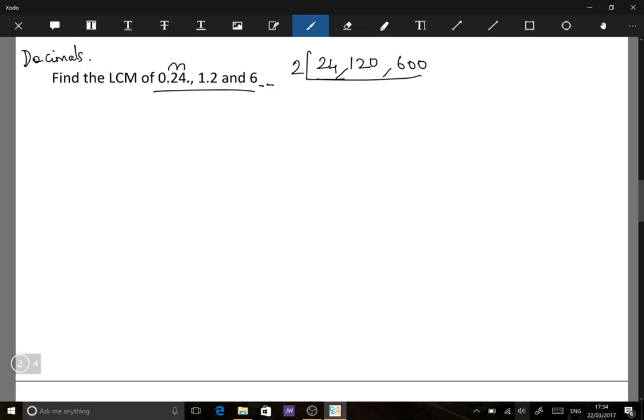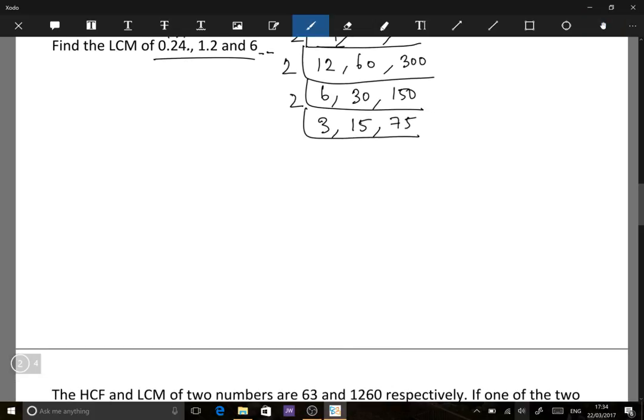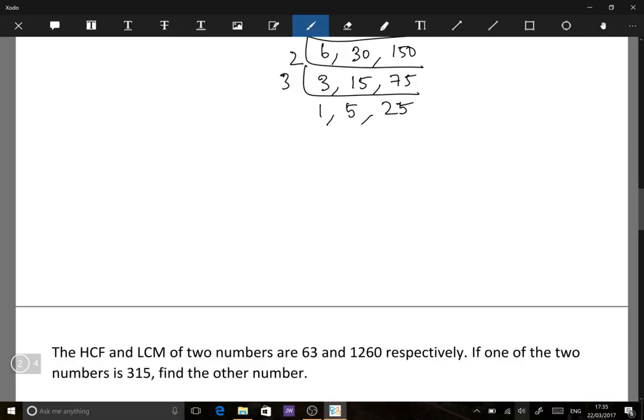So 2, here 12, 60, 300, 2, 6, 30, 150, 2, 3, 15, 75. Now I'm going to divide by 3, 1, 5, 2, 5, 1, 5, 25. Now by 5, 1, 1, 5.